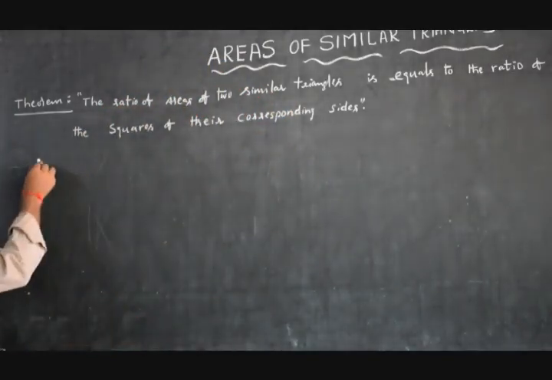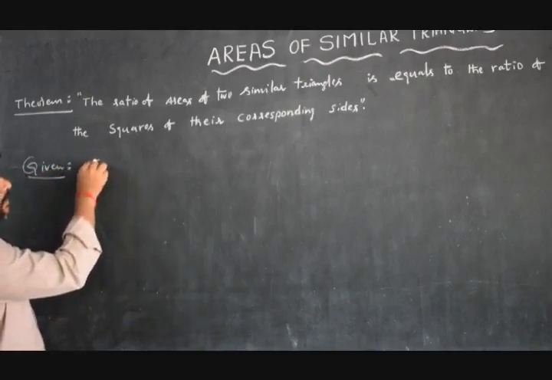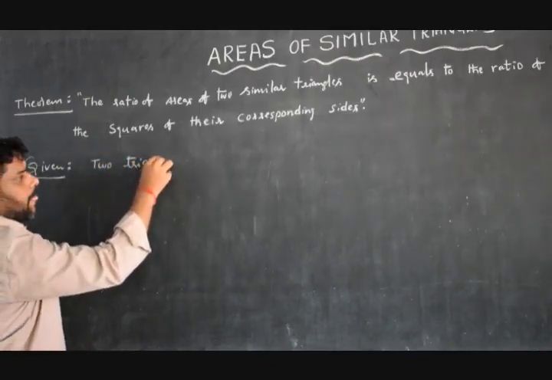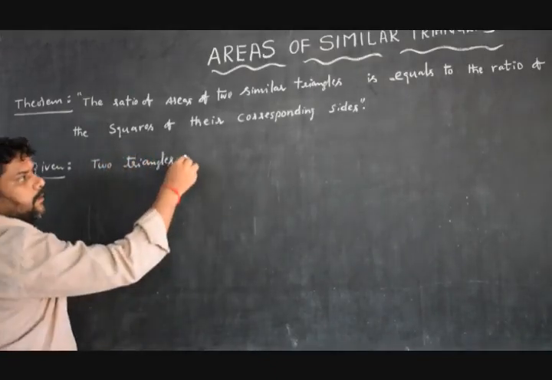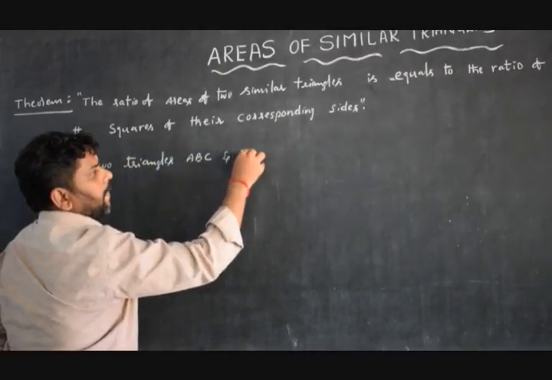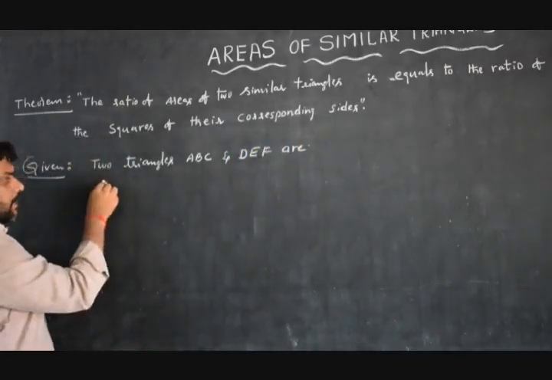Now what is the given data? Given two triangles ABC and DEF are similar.